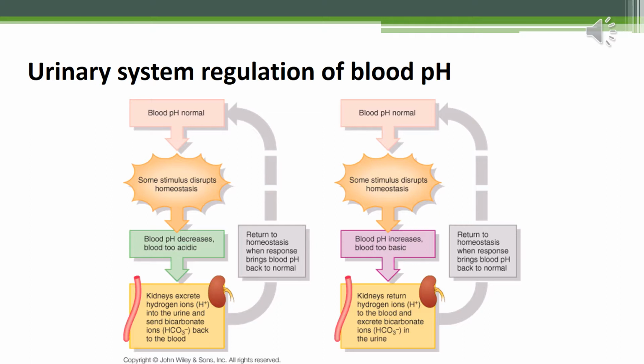This causes the kidneys to excrete hydrogen ions in the urine and send bicarbonate ions back to the blood, resulting in a return to homeostasis. Whereas the diagram at right, the stimulus here is that the blood pH increases such that it is too basic. This causes the kidneys to return the hydrogen ions to the blood and excrete the bicarbonate ions in the urine. And again, it returns us to homeostasis.